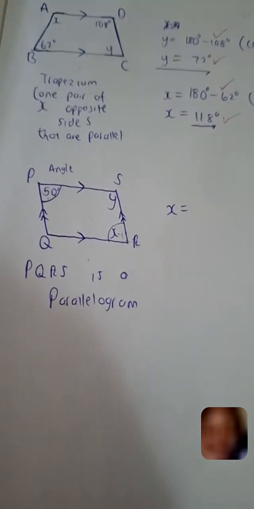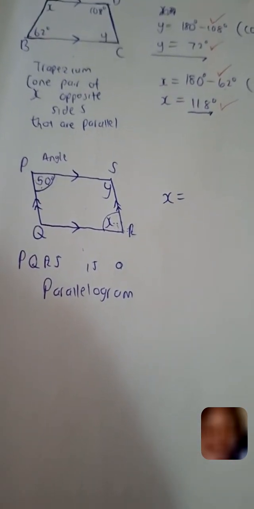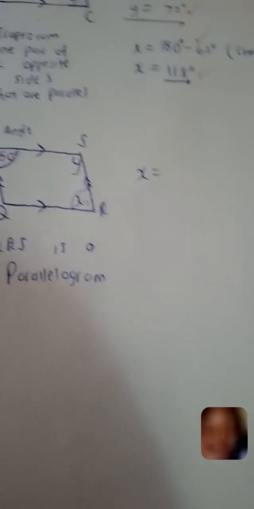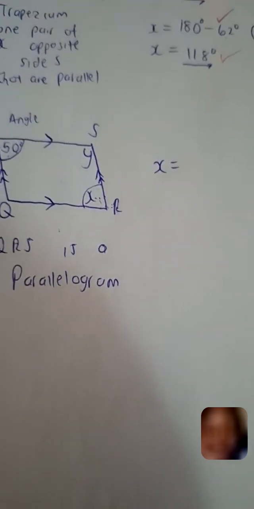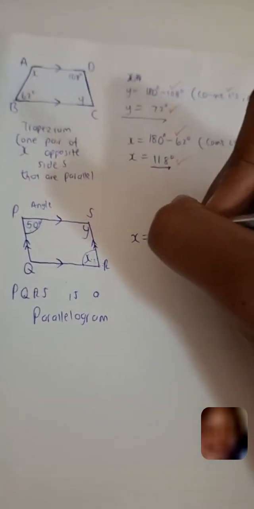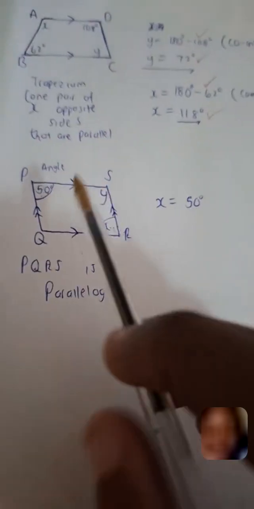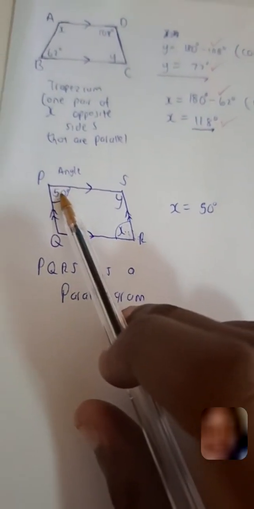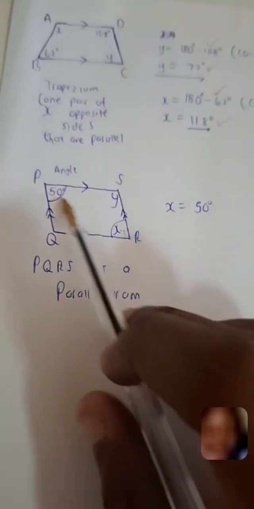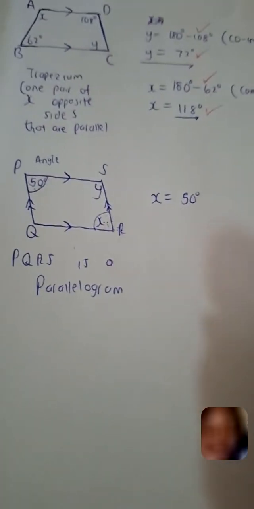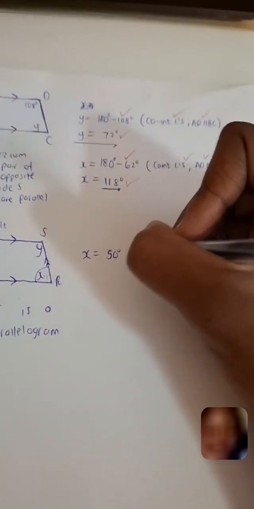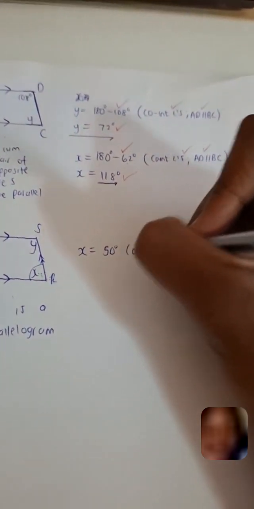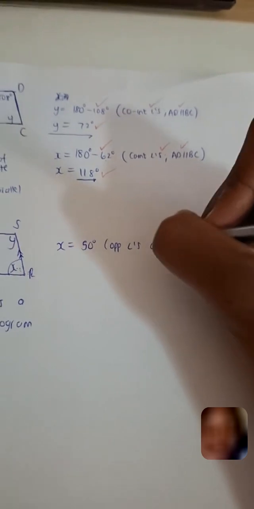I'm listening to you. x is equal to 50. Exactly, 50 degrees. Why, Kia? You are spot on. This angle here, x, is 50 degrees. Why do we say so? A pair of angles are equal in a parallelogram. Opposite angles of a parallelogram are equal.